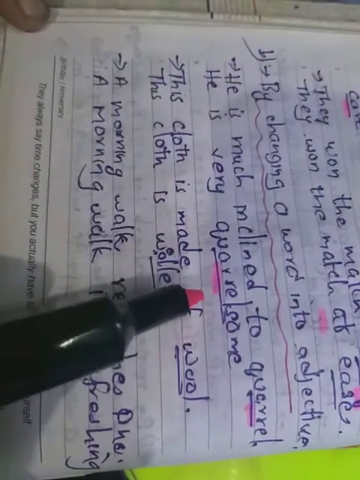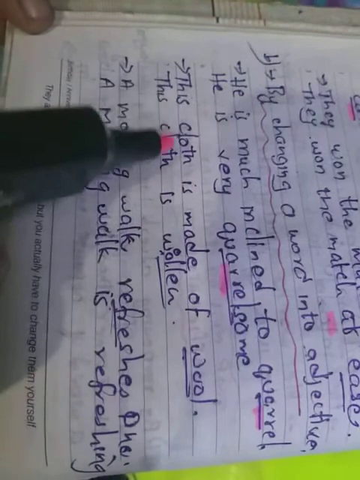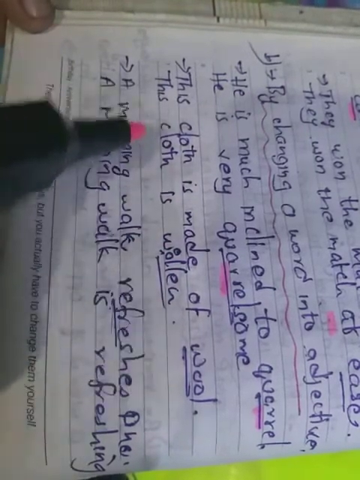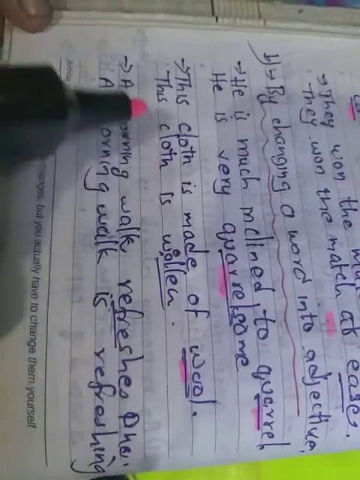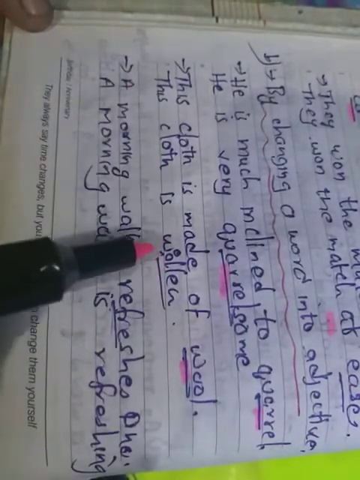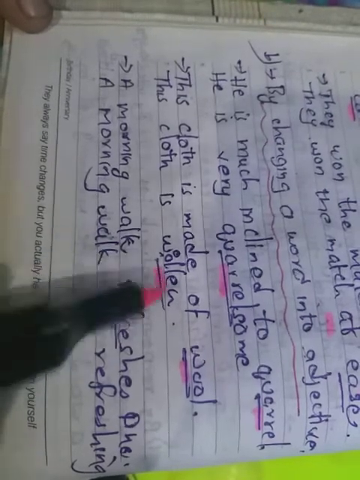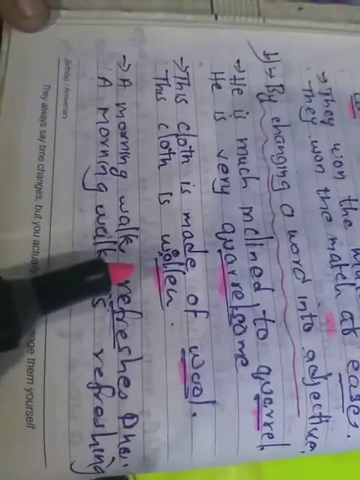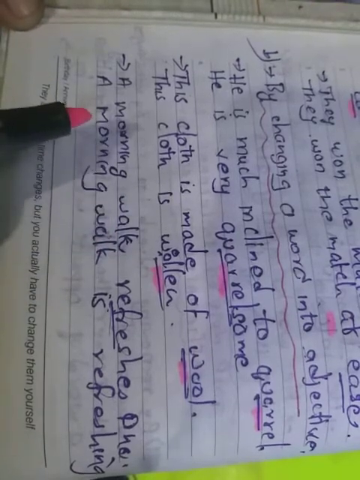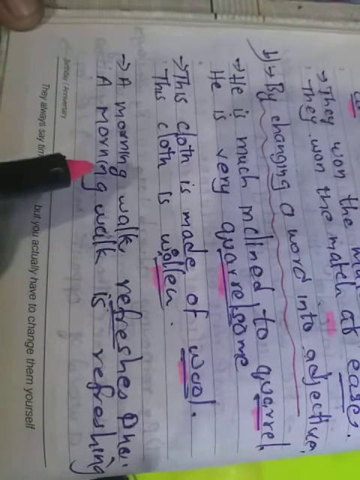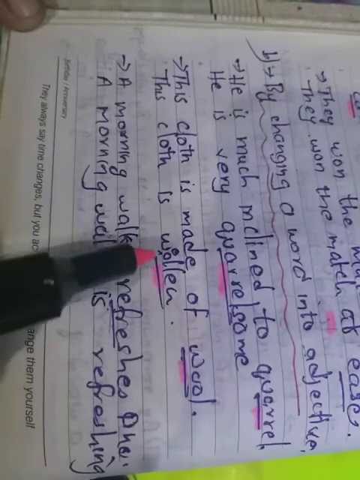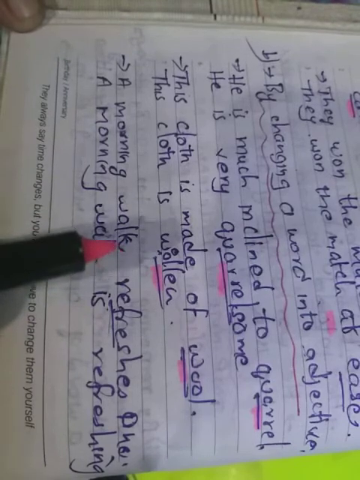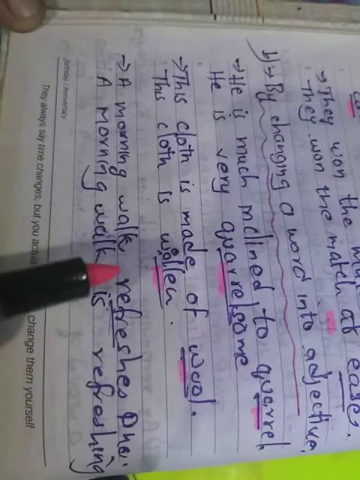So you justify your claim that it is an adjective, and therefore you will use that word, quarrelsome. Another sentence: this cloth is made of wool. Wool is there. So here, this cloth is woolen, W-O-O-L-E-N, woolen. Wool changed to woolen, according to the requirement of changing into an adjective. The cloth is qualified over here. What type of cloth? It is woolen. Cotton, you say, no, I wear a cotton shirt every day. The cotton, what type of shirt?